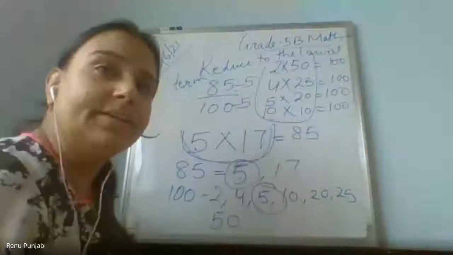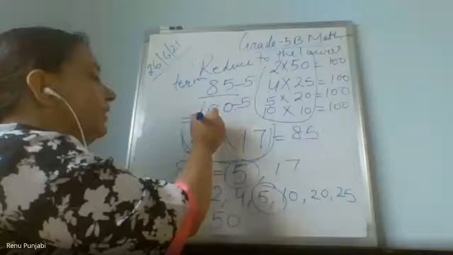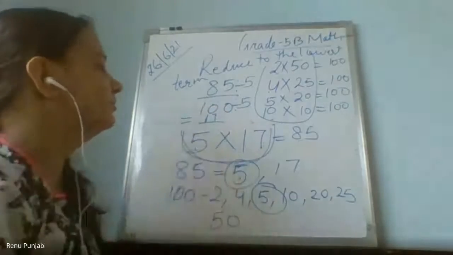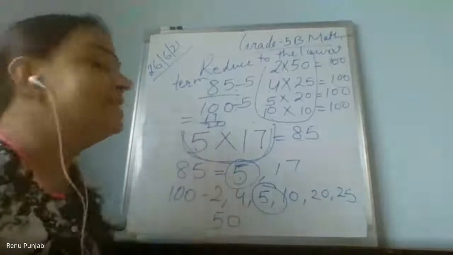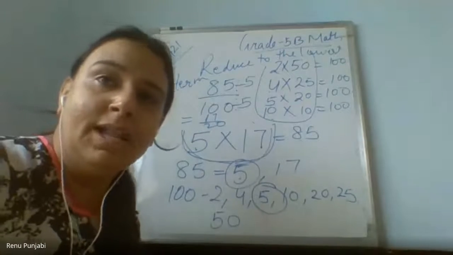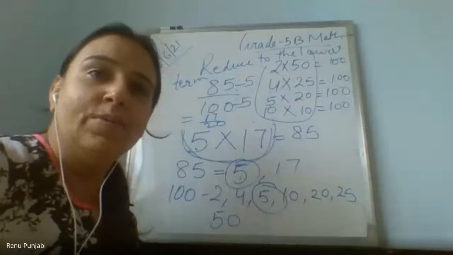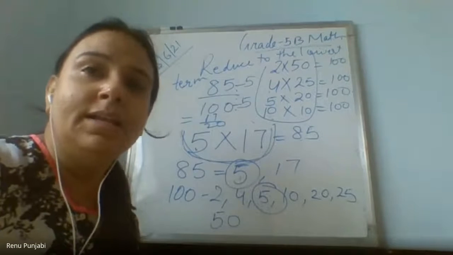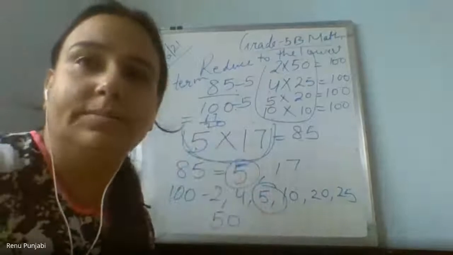So here 85 upon 100 becomes 17 upon 20. Now, are 17 and 20 divisible in any table? Are they both coming in any one table? No. So 17 upon 20 is your answer.